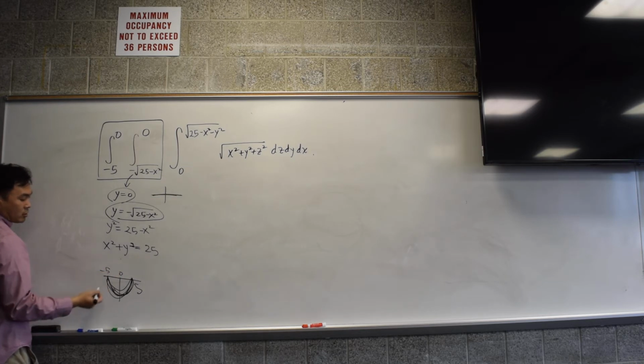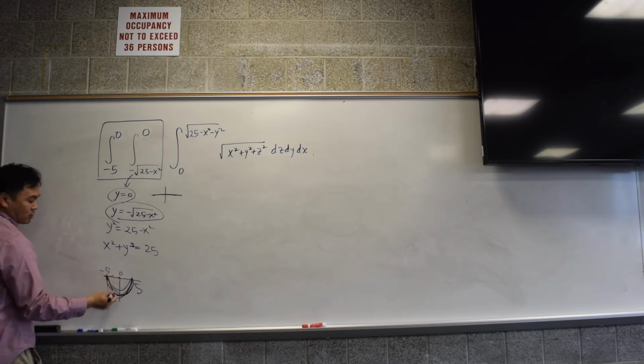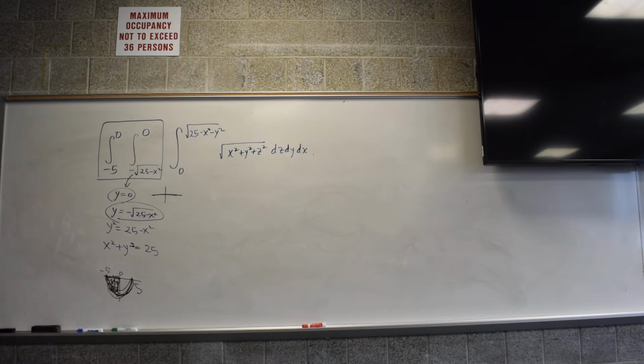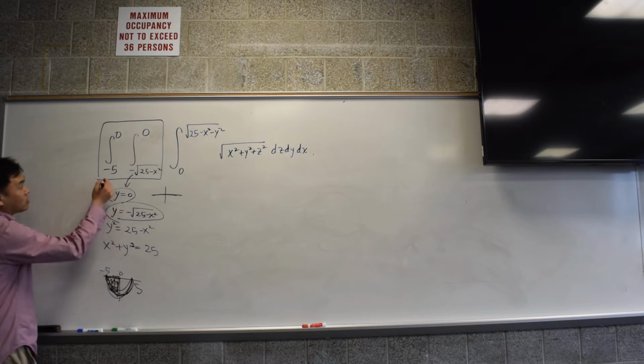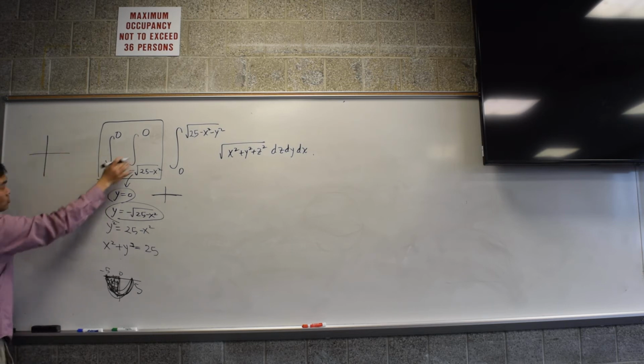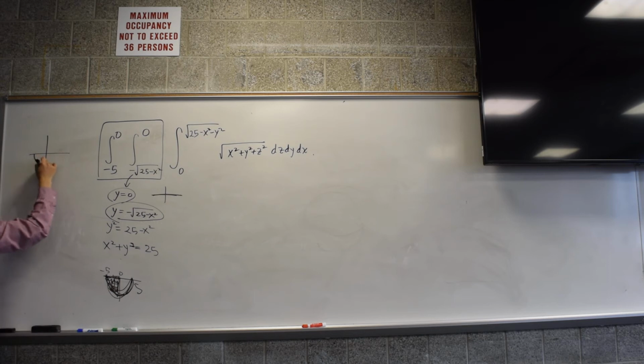In this interval, you start from this curve and you end at that curve, going up, so you end up with this quarter circle. So after all this calculation, the first two describe the integral over this quarter circle of radius 5.